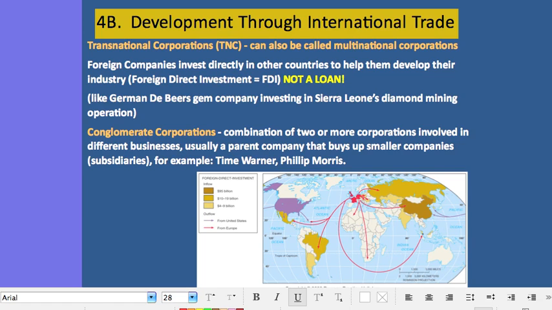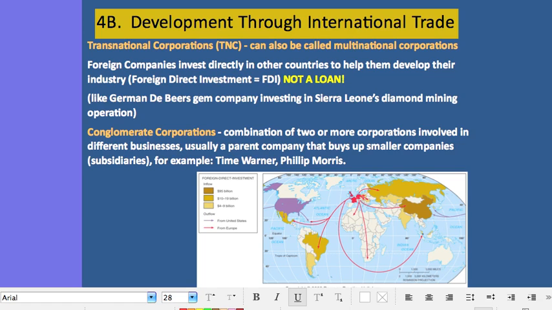They give money to the corporation or government or whoever is running the diamond mine, and if that diamond mine makes money, then part of that money goes back to De Beers. They get a percentage. If the diamond mine goes bankrupt and is not able to continue to provide diamonds, then De Beers just loses that money. So it ends up being a bad investment for them.